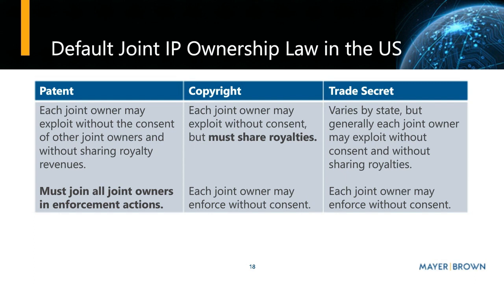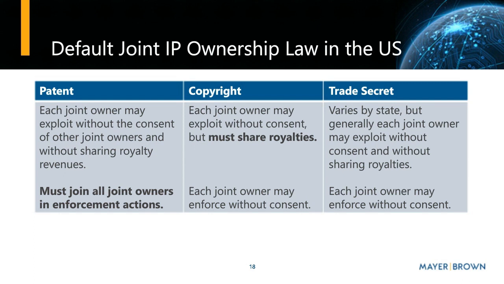But this also means that the absent joint owner can prevent the other joint owner from suing by either simply refusing to join the suit or by granting a license to the third party, either before the lawsuit or after the lawsuit. As you can see, the U.S. patent law on joint ownership is set up such that each joint owner is at the mercy of another.